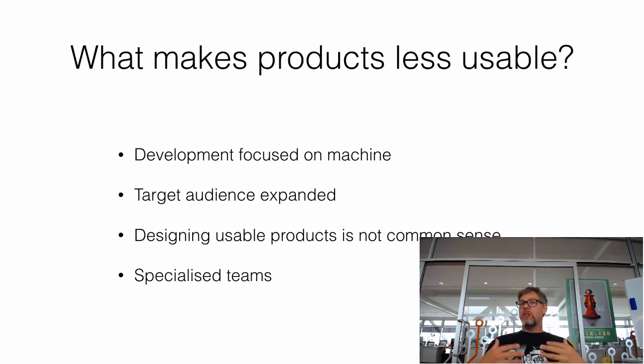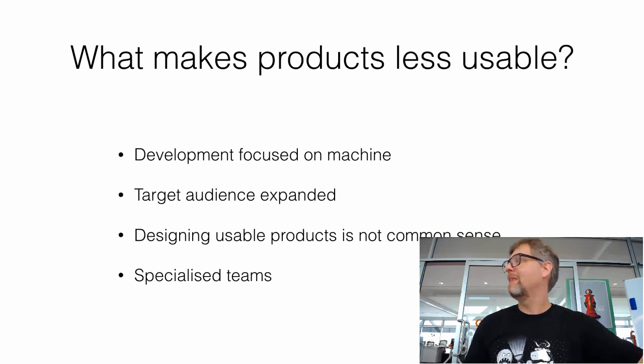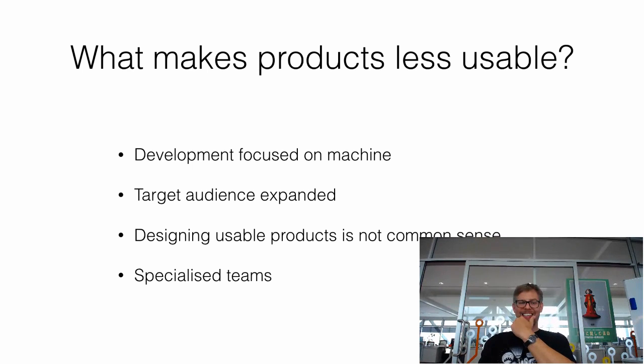And of course, when you are the engineer and you build this thing and you know how it works, you would say, oh, it's obvious. You just push these buttons and it works. Right? For you it's obvious, but not for everybody else.